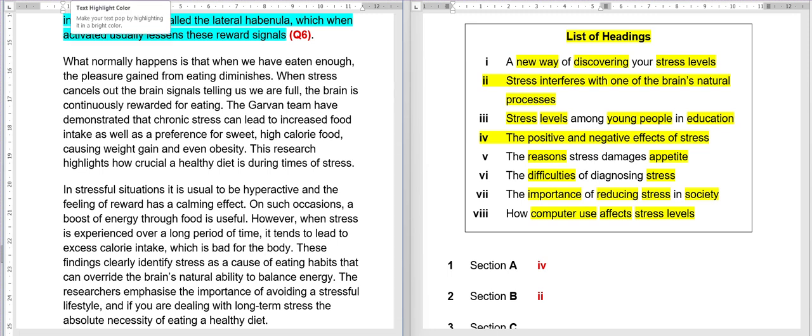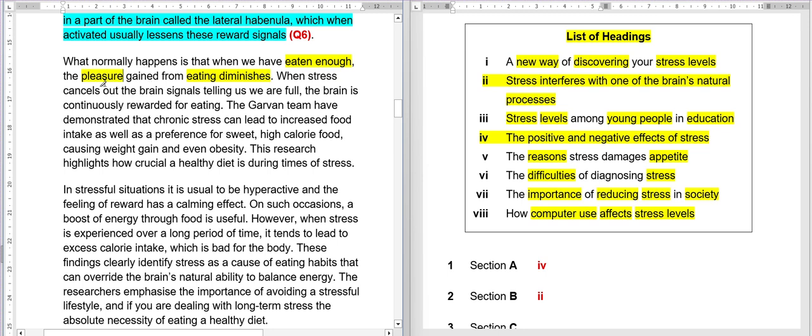So what they're saying is, usually when we have eaten enough, the pleasure we get from eating diminishes, so we do not like the taste of the food. We feel some sort of discomfort while eating too much, so that our tummy starts to hurt, something like that.